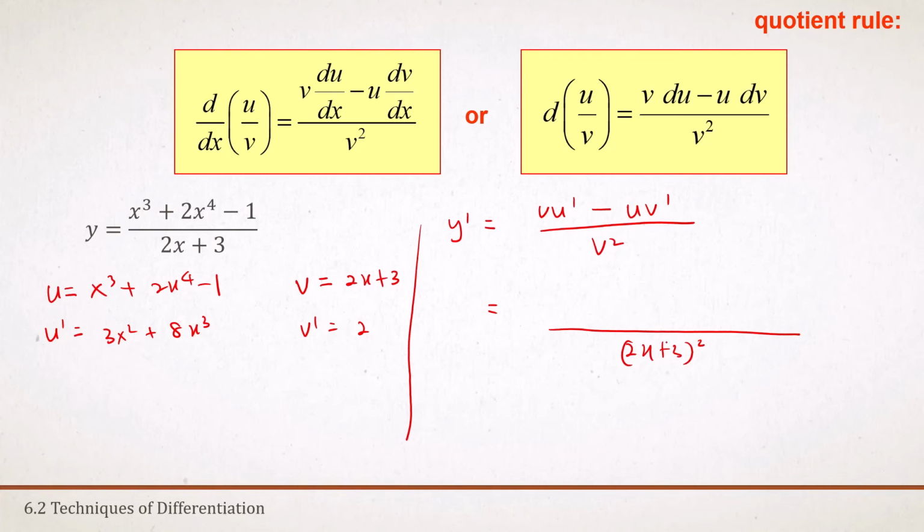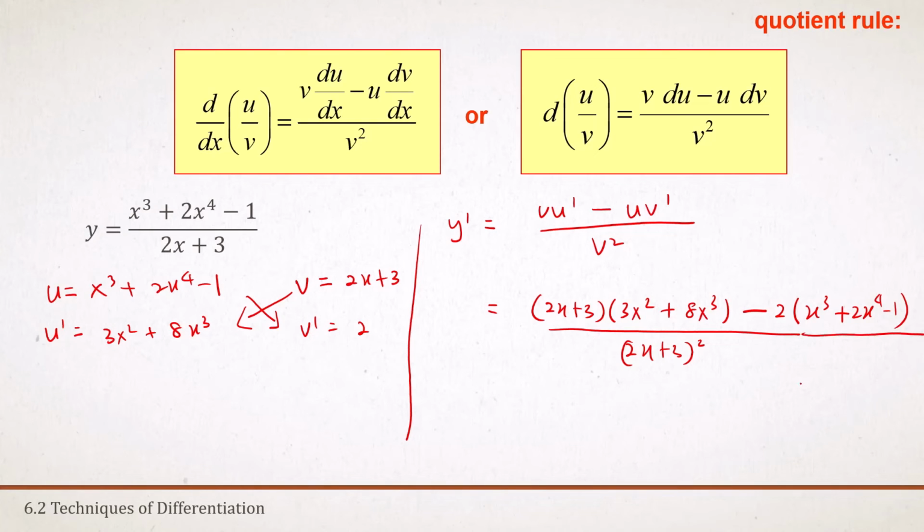Don't ever try to expand 2x plus 3 here. Then the formula says vu prime, so I have this one multiplied with this: 2x plus 3 multiplied with 3x squared plus 8x cubed, and then minus v prime, so I have a 2 times x cubed plus 2x to the 4 minus 1.